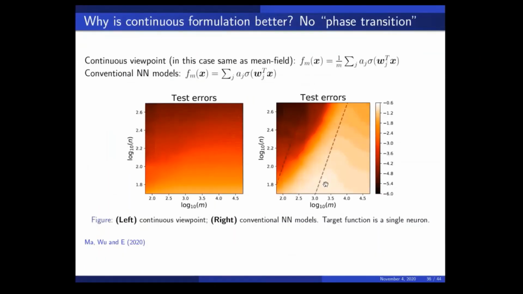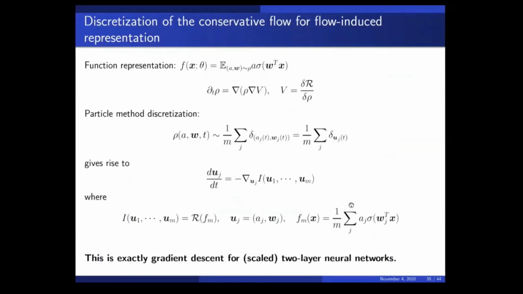Except, notice that the two-layer neural networks that I described here have this factor 1 over m. But in the usual machine learning literature, this factor 1 over m is not there. And this makes a huge difference when it comes to gradient descent training.